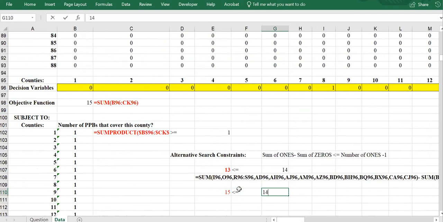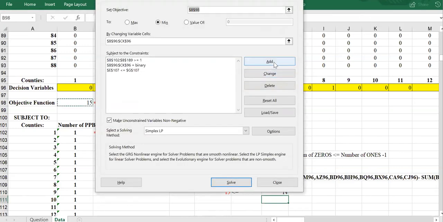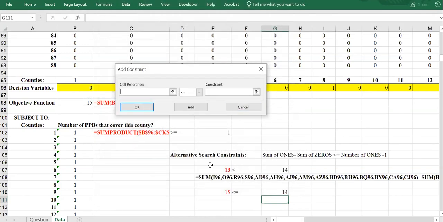I just type 14 again, because it's the number of ones, which is 15 right here, minus 1, 14. So I just need to add this new constraint to my solver, and I'm going to keep my previous one.